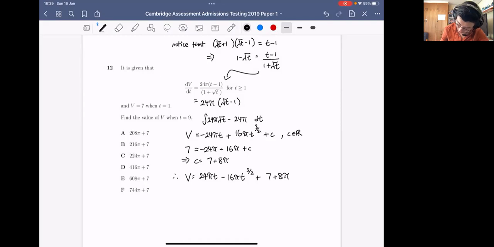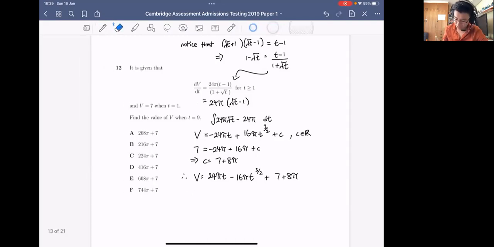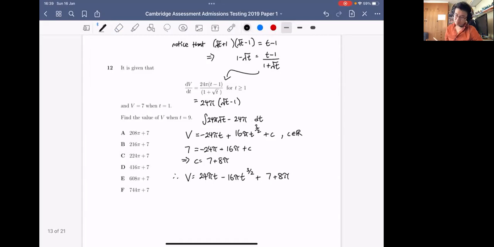Okay, and I guess let's substitute 9. Let's do it on the side here. 24 times 9 is 216, so that's 216 pi. Then 9 to the 3 on 2.